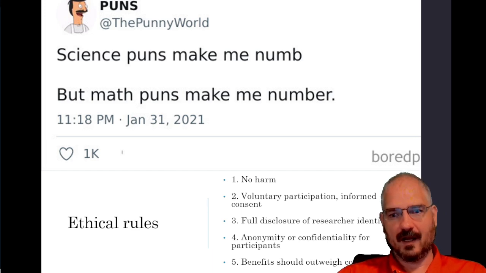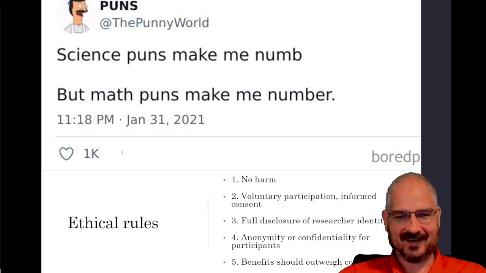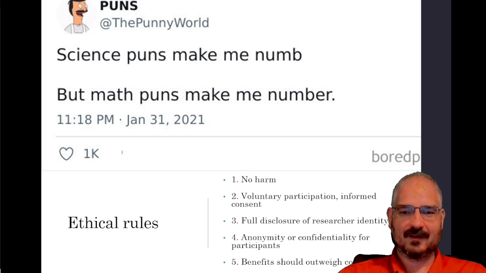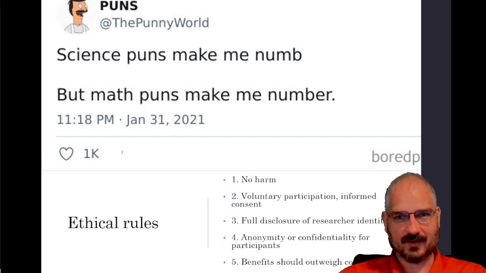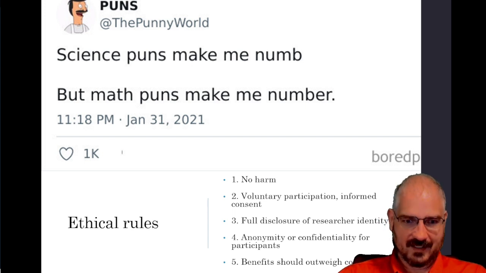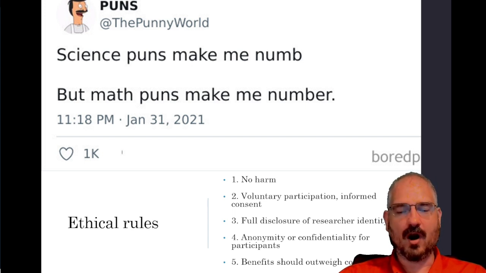Now, this is another set of ethical rules I found in a different source. So this is kind of the same thing as or similar to the Nuremberg Code and those earlier ethical rules, just very similar information packaged in a slightly different way. But here, this set of ethical rules says, number one, no harm. Right?